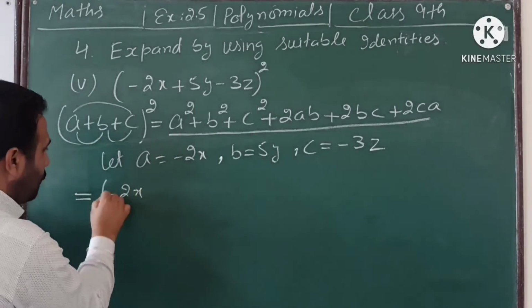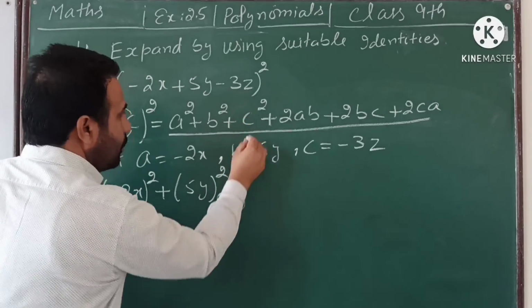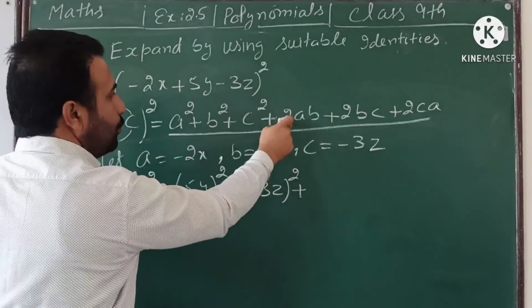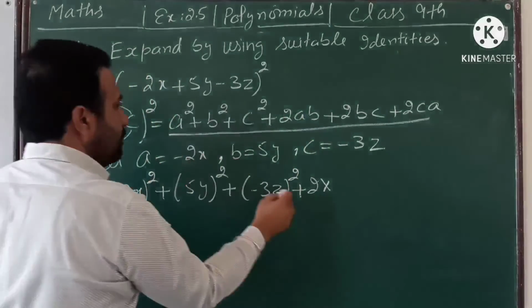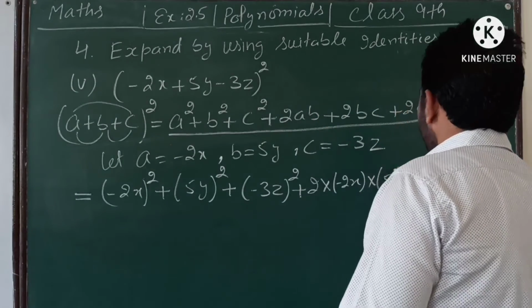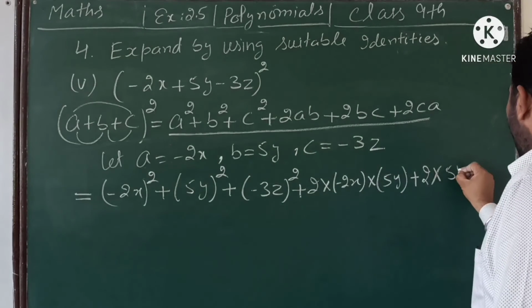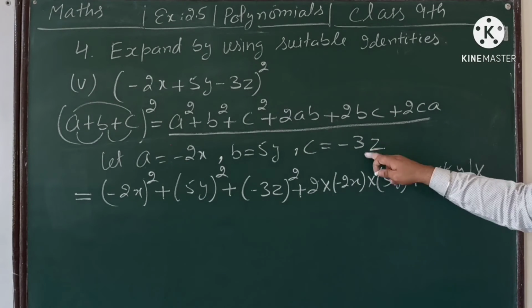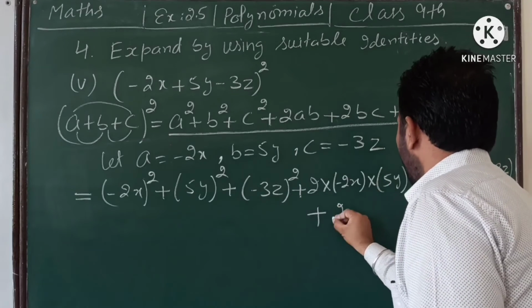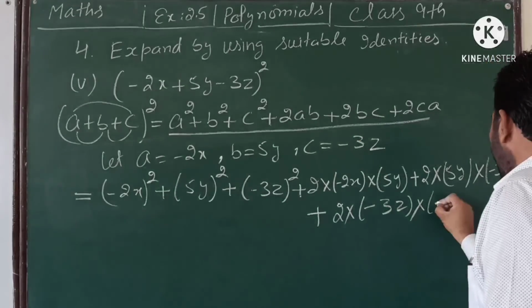So minus 2x raised to power 2 plus as it is b is 5y raised to power 2 plus as it is c power 2 means minus 3z power 2 plus as it is 2 and a, the value of a is minus 2x multiply b, that is 5y, again plus 2 as it is I will write the value of b is 5y multiply the value of c is minus 3z, then plus 2ca, c is minus 3z multiply a, that is minus 2x.